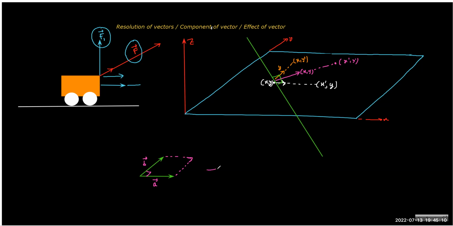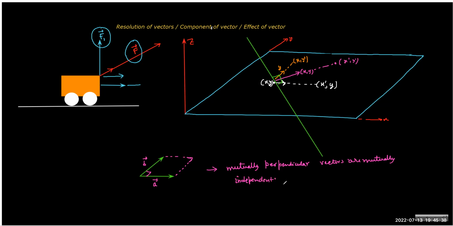So there is a very famous line in mathematics: mutually perpendicular vectors are mutually independent.